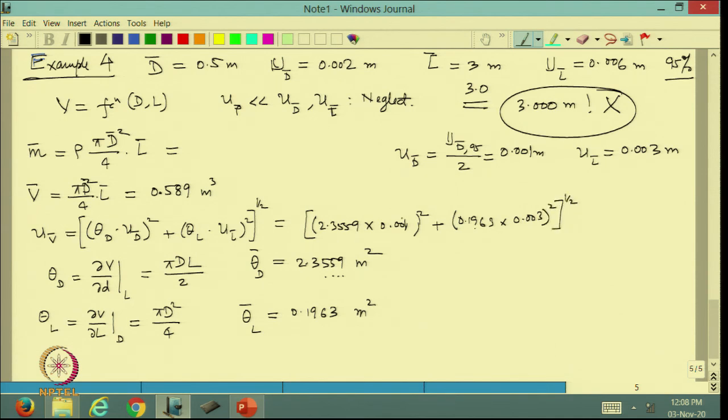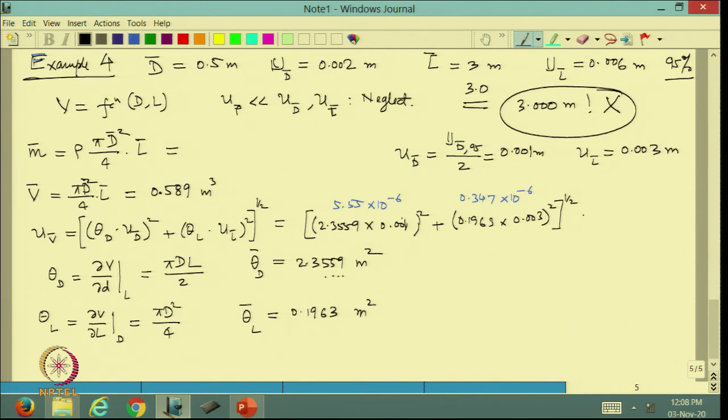Again we can keep the individual squares. If we do that, the numbers we will get, I will write down in blue here. This will be 5.55 into 10 to the power minus 6, and this is 0.347 into 10 to the power minus 6.